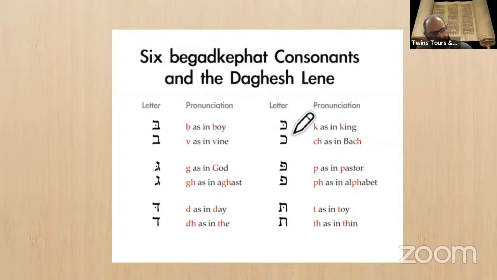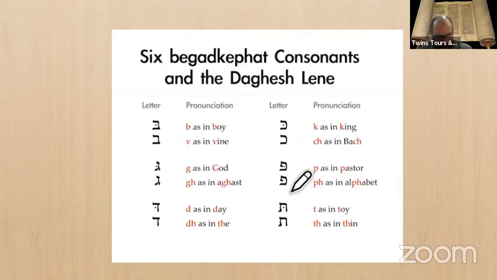And the Kaf with a dot, the Gesh, is like K, King. Without a dot, we say Che. And the Pe with a dot is strong, Pe. The Gesh means strong. Without a dot we say Fe, you close your lips halfway.